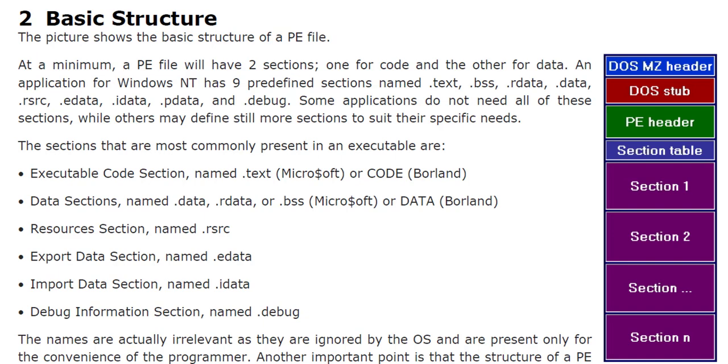So over to the right there, we see a high-level view of some of the different main components. We have the DOS header, which contains the MZ, the 4D5A signature that indicates that it is a PE file. We also have next the DOS stub, which is a historical artifact, but still present.